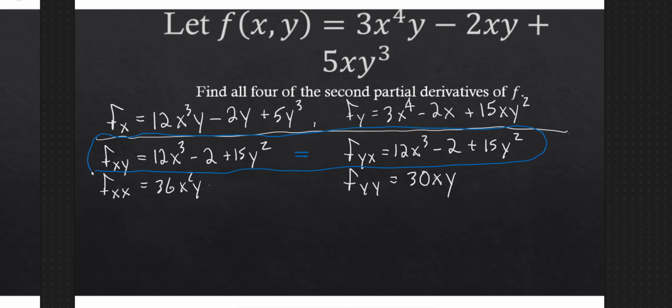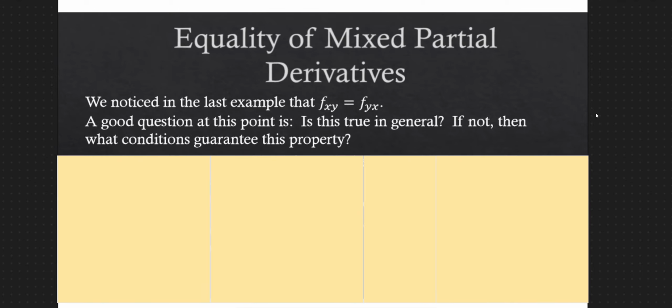And at this point, we could ask a good question. That is, is this always going to be the case? Are the mixed partial derivatives, fxy and fyx, always going to be equal to each other no matter what function we pick? Well, the short answer is no, not generally. There are functions that break it.